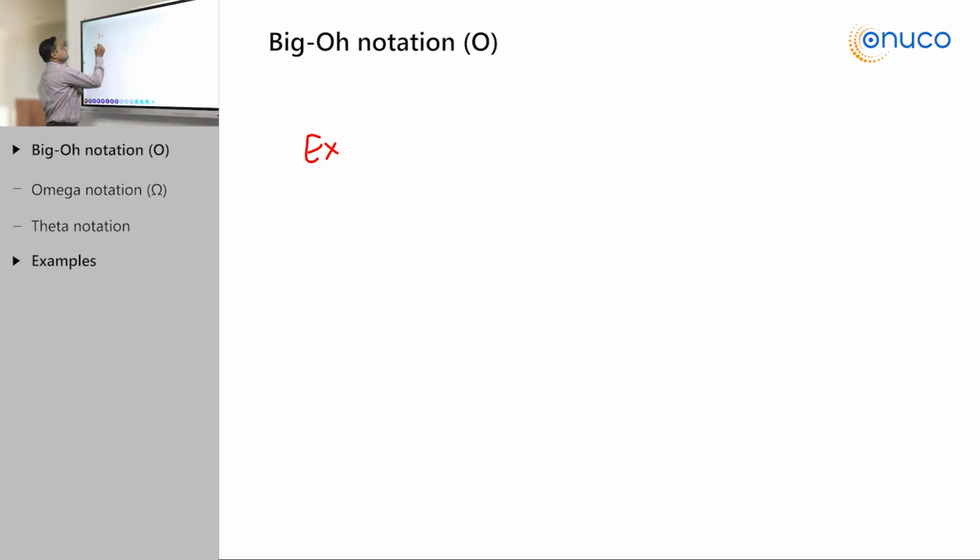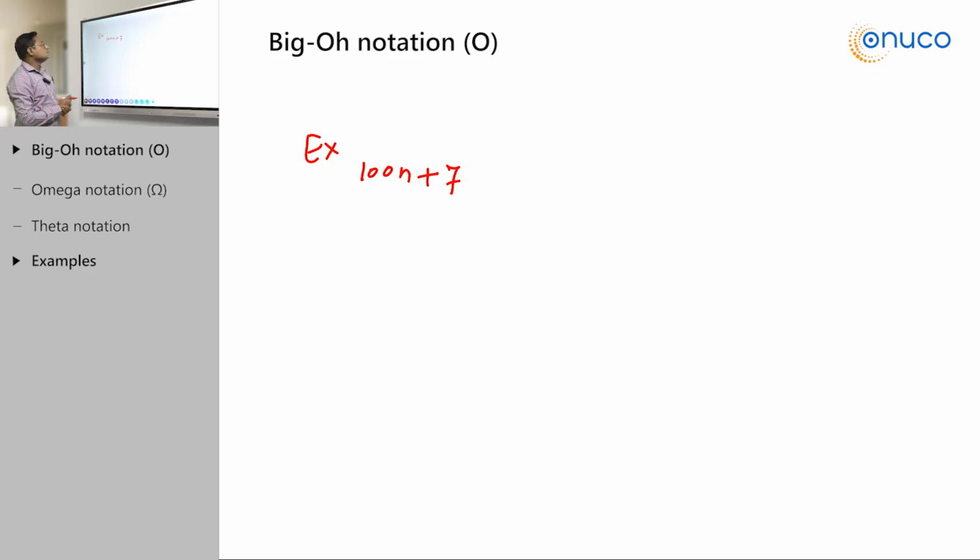Say the given example is 100n plus 7. We don't know what notation is to be used, but we have taken this example for big O notation.